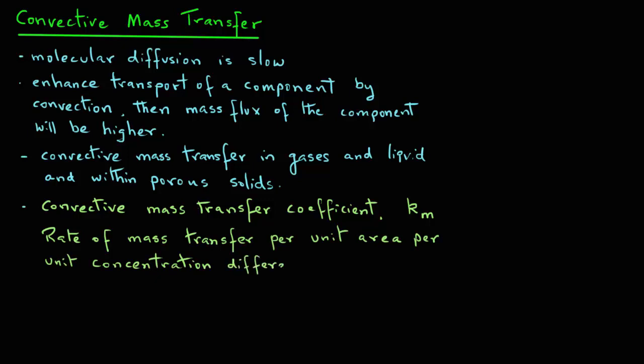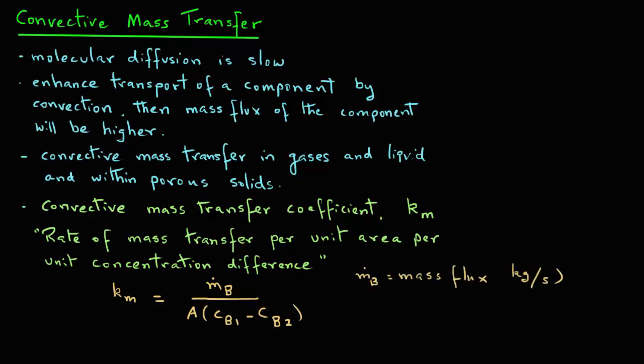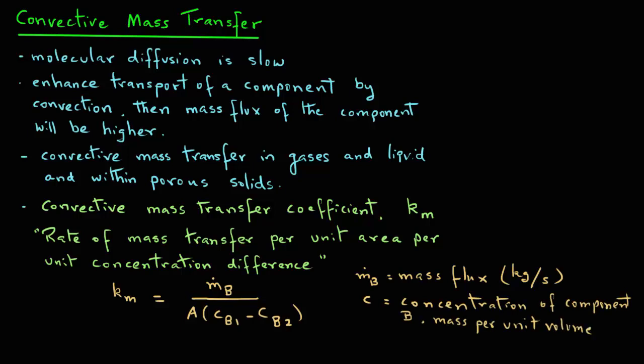So we can write that in a mathematical expression as Km equals m dot b divided by A times (CB1 minus CB2), where m dot b is the mass flux of component B in kilograms per second, and C is the concentration of the component B, and that will be mass per unit volume, which is kilograms per cubic meters. And A is the area, in square meters.